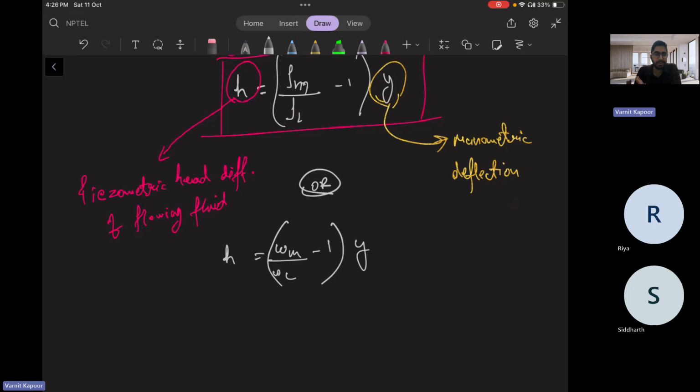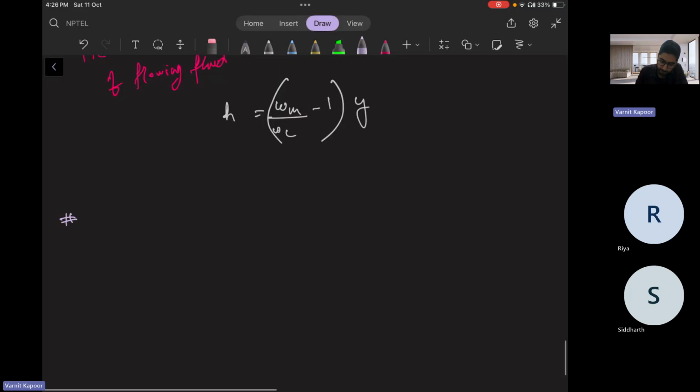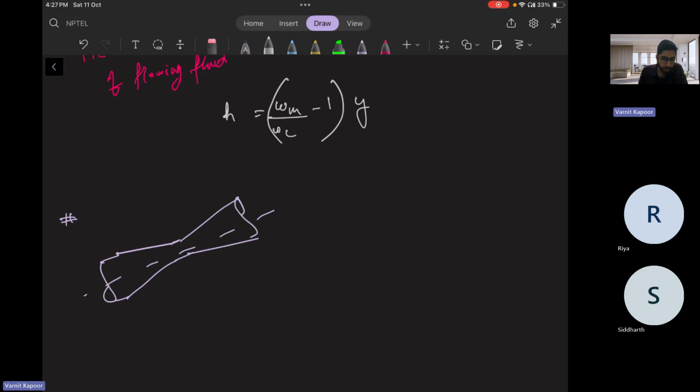Even if the venturimeter is inclined, still my y in that case will be the same only. Okay, let me explain what I want to say. The case like this, if my venturimeter is like this, suppose now my manometer will be attached like this at this position.